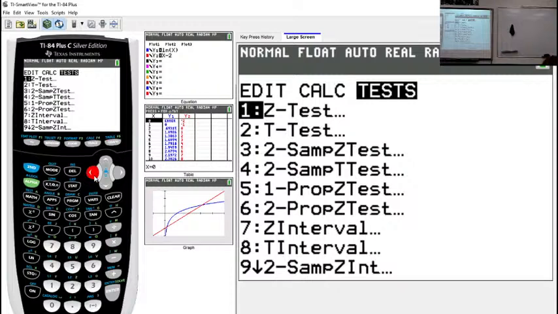Is it a two proportion z-test? Is it a one sample t-test? Is it a chi-square test of association? Is it a chi-square test of goodness of fit? So I want to just run down these and make sure you know what each are.